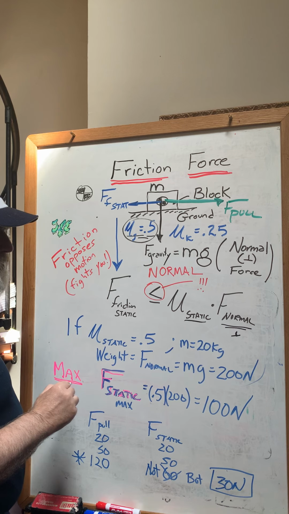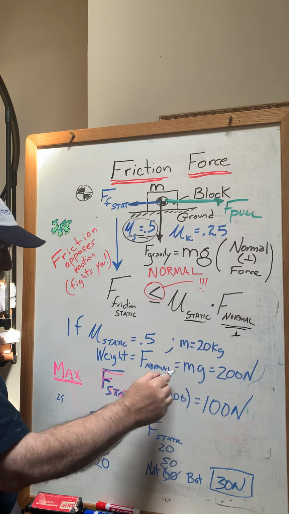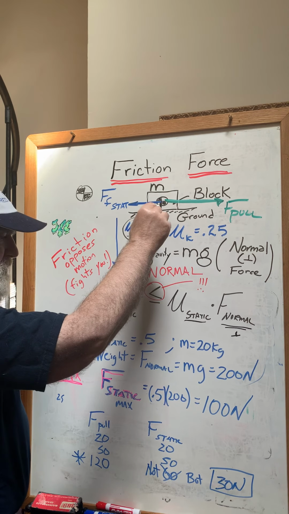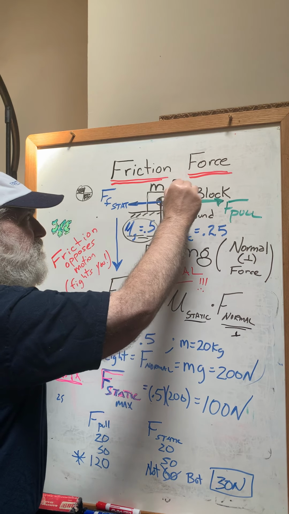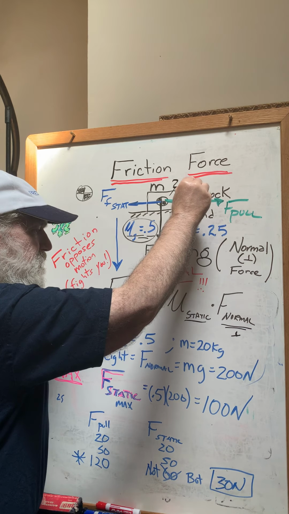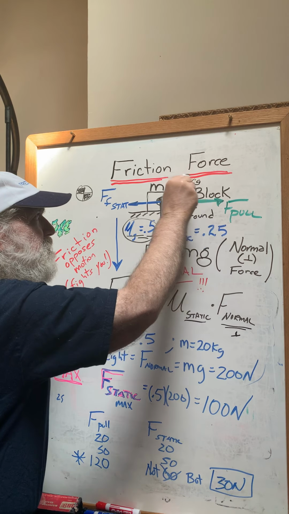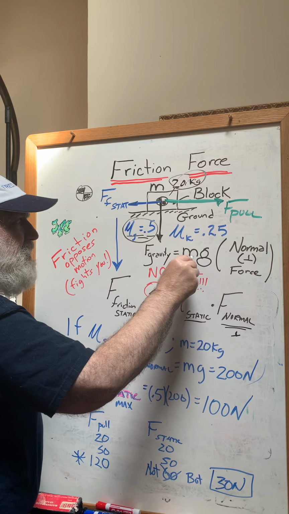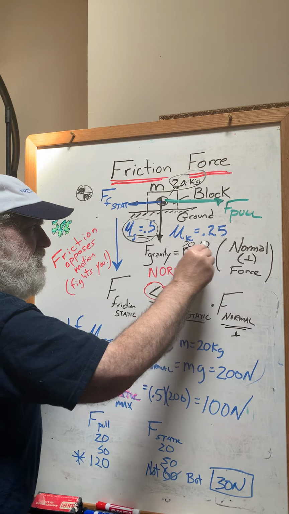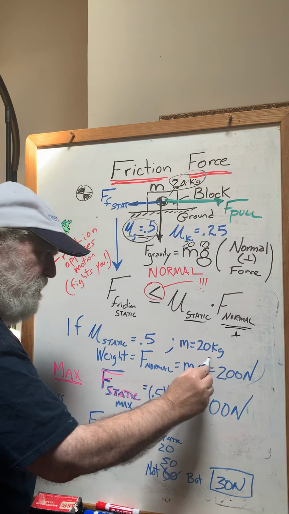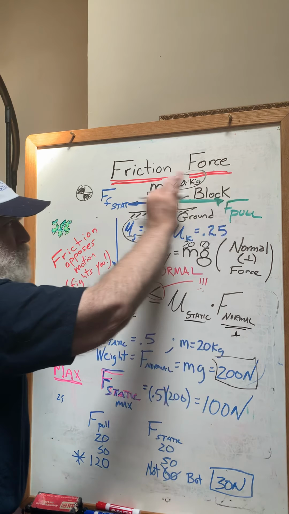So if I'm pulling with, say, 100, and the mass of this block is 20 kilograms, then M, which is 20, times 10, which is g, gives me 200 newtons of normal force, perpendicular to the motion direction.